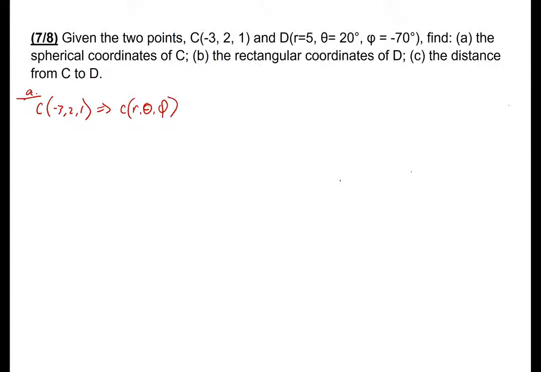So first, we want to draw the spherical to get the R. So what is the R? So if you have X, Y, Z coordinates, okay, so R is the radius of a sphere.